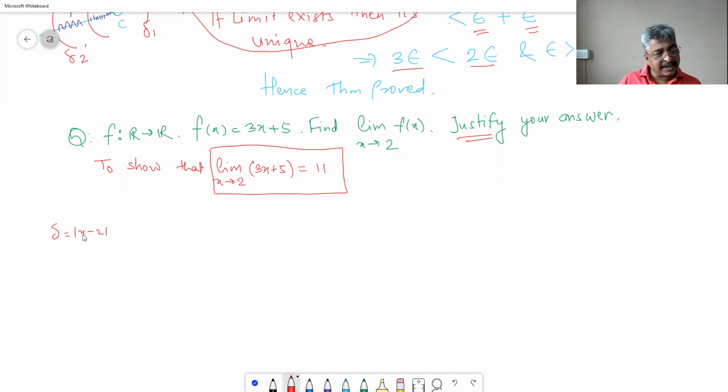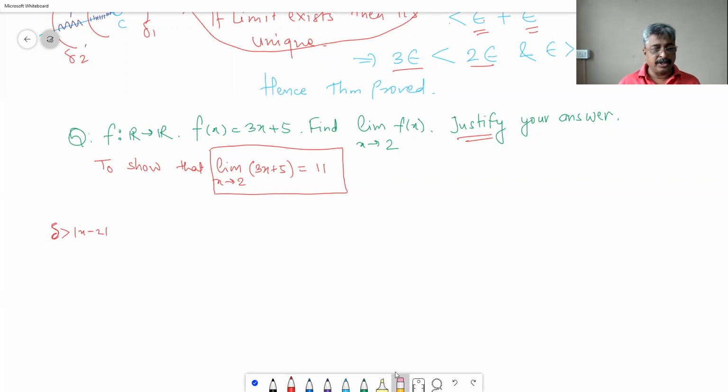You choose any x, its distance from 2 is going to be less than delta, for any point in the neighborhood of 2.